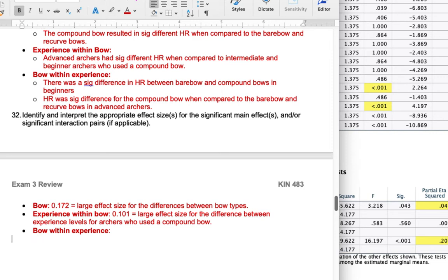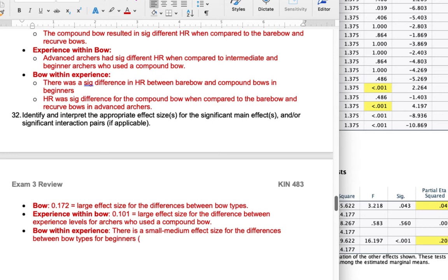Or we could combine them also by saying, I'll say this one's small to medium-ish. It's in between. So we'll say small to medium effect size for the differences between bow types for beginners.